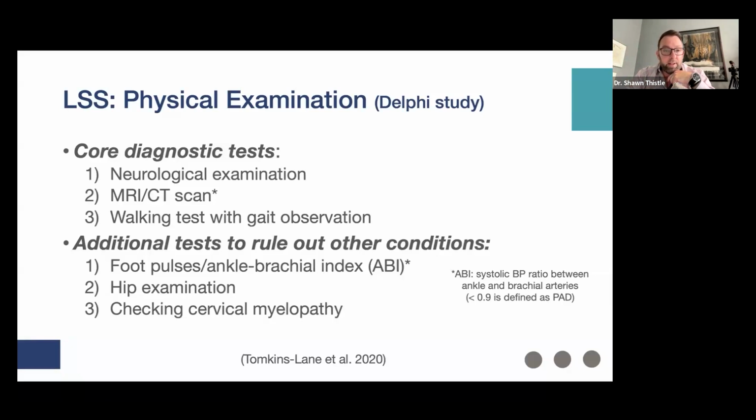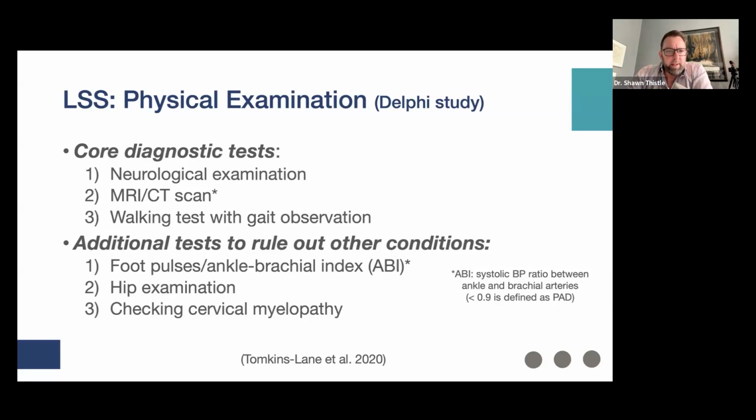So you don't need to, and if they had already had one 6 months ago, they're going to repeat it. So it's just kind of a waste or needless use of healthcare resources. So unless you're worried about a patient having a spinal tumor or something nefarious that you have to rule out via MRI, it's not necessary to do that because if they have to go down the surgical route, they're going to get that anyway.